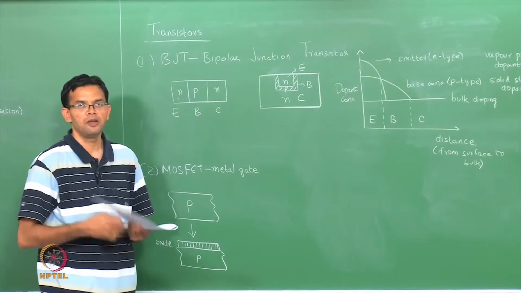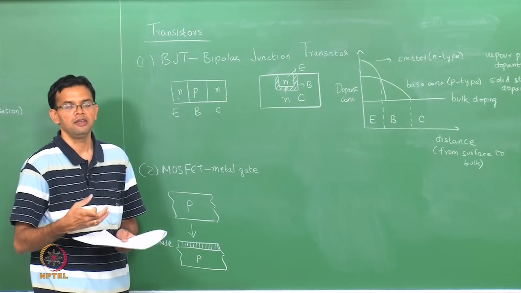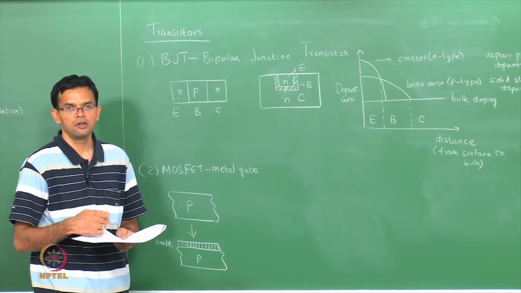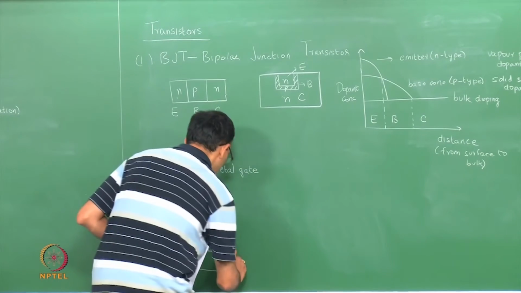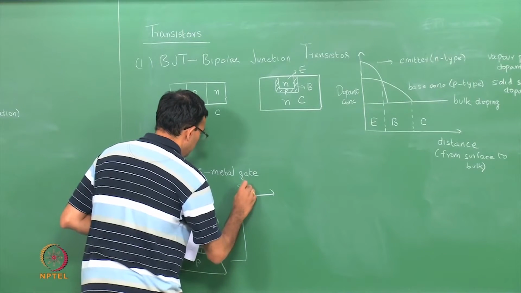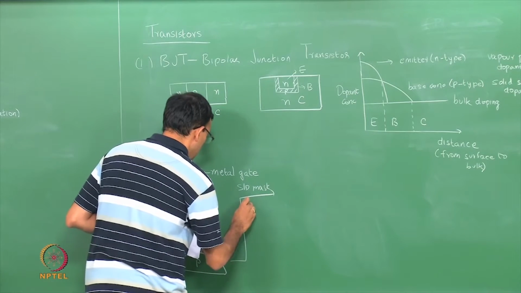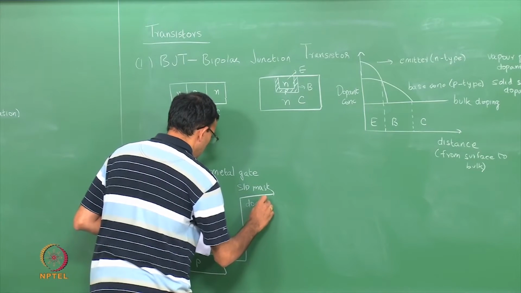We can then do the masking and the lithography to define the source and the drain. These are again doped to make it n type. So, this is the source and drain mask. And then doping.